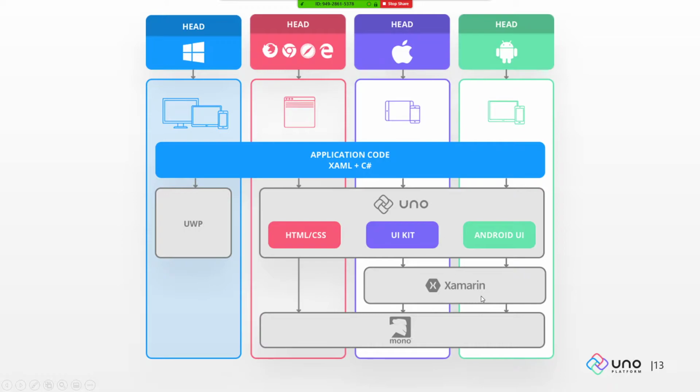On top of it is Xamarin, not Xamarin.Forms, but Xamarin, which provides the native bindings to native APIs. And on top of it is Uno Platform, which uses UIKit and Android UI to render its controls. But those controls are rendered using the low-level rendering APIs, not the full controls, which is the difference from Xamarin.Forms. In the case of web, Uno Platform is using HTML and CSS, and it's rendering its controls using those.